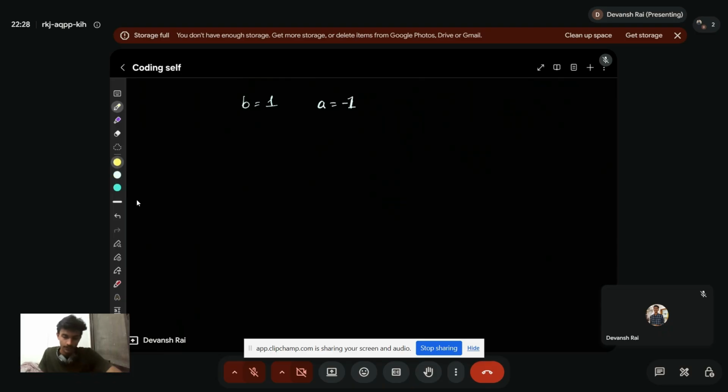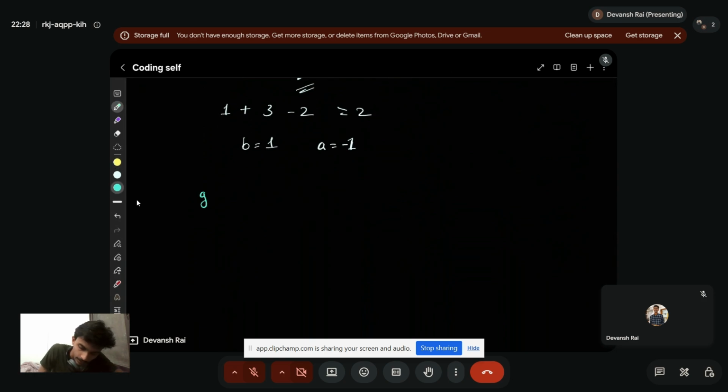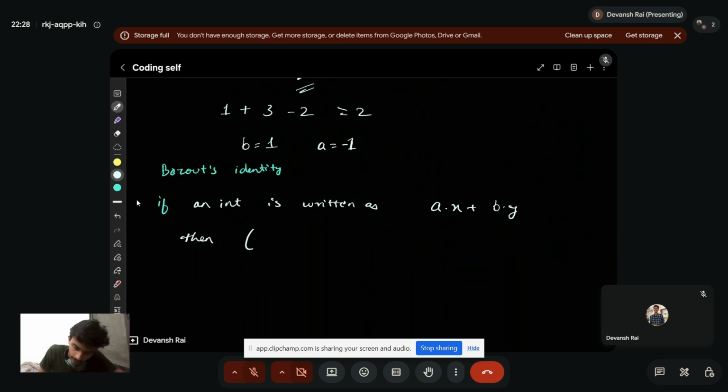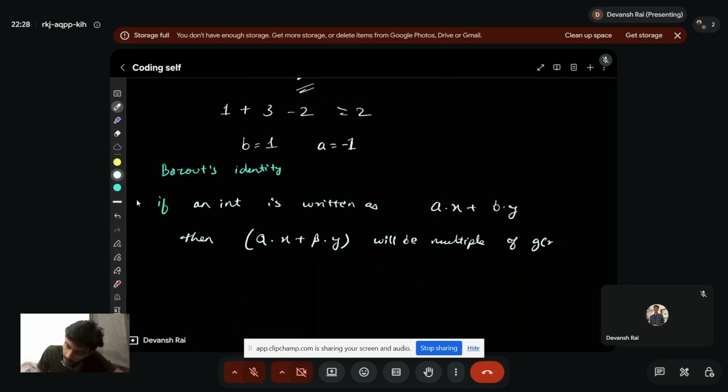You're getting my point? So what we can say is that we can generalize the equation to be something like, if we find the GCD, and that's Bezout's identity, that states that if an integer is written as a times x plus b times y, then this a times x plus b times y will be a multiple of GCD of x and y.